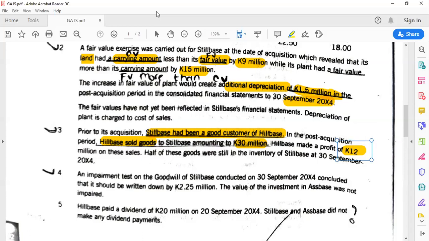Okay, so we are saying that the parent sold the subsidiary and made a profit of 12 million. Now you see what to do when the parent sells. When the parent sells, get this 30 million, all of it, and remove it from the sales revenue because you cannot sell to yourself and say you've made a profit.